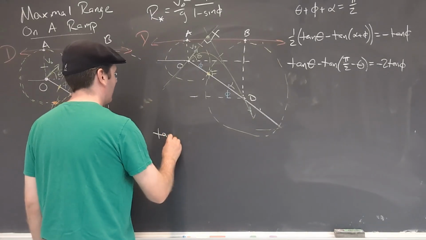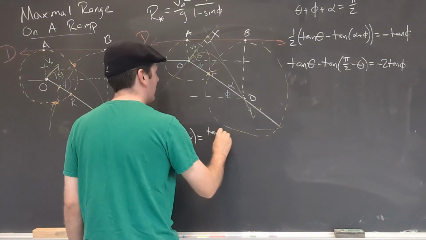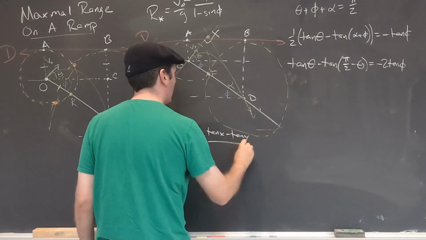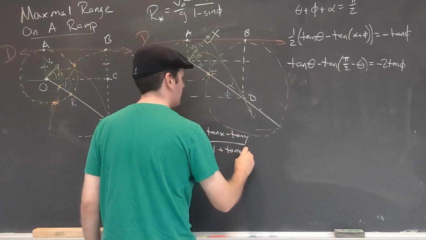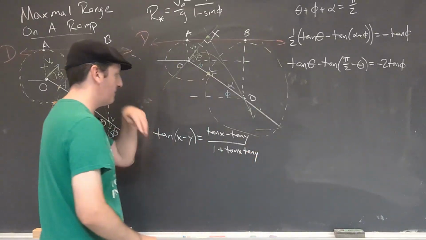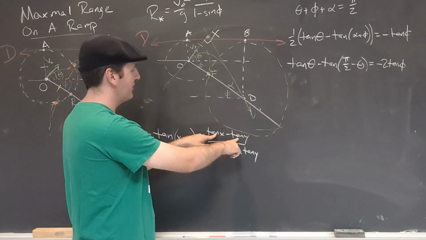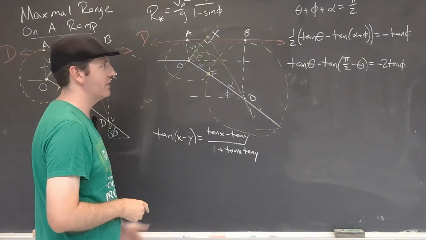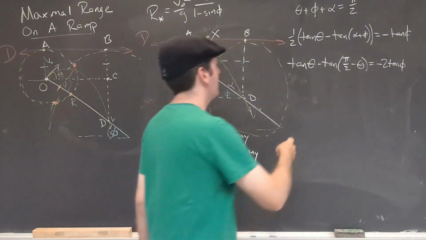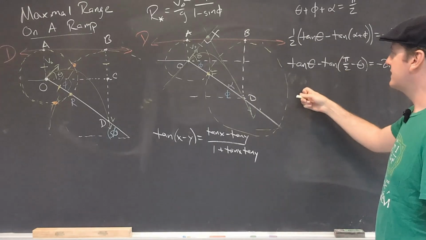You might recall that if I have something like tangent of x minus y, this is the tangent of x minus the tangent of y over 1 plus tan x times tan y. In our case, I'm really interested in this difference itself. So I'll multiply this denominator over and I'll get something involving the tangent of the difference. Well, if I do that, what do I get?